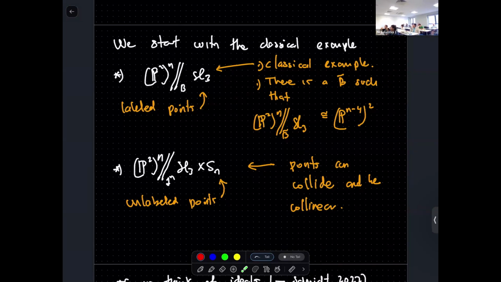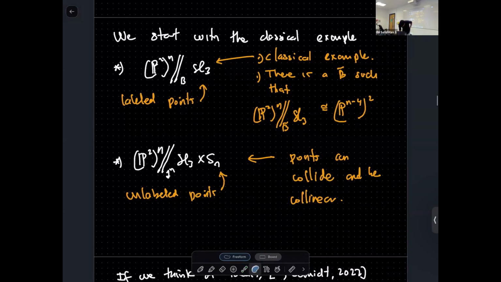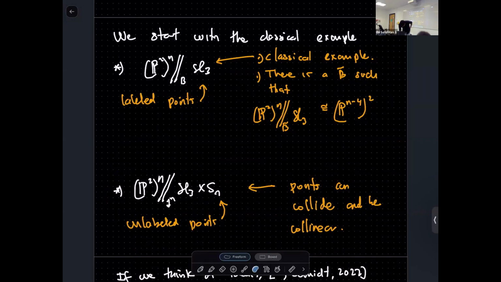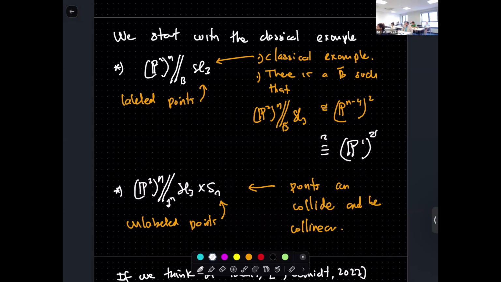So a question here, let me write it: can this happen, for example, with P1?